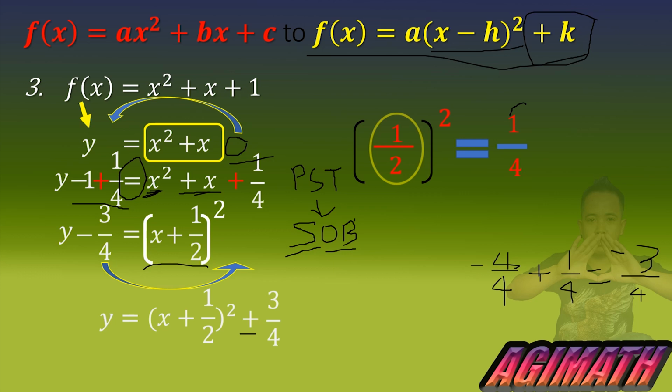Okay. So if you look at this one, the value of a is equal to 1. And we don't need to write that one. Since I wrote 8, I will delete. And then the only difference now is this is f of x and this is y. Since at the beginning we changed f of x into y, we can also do the reverse process.